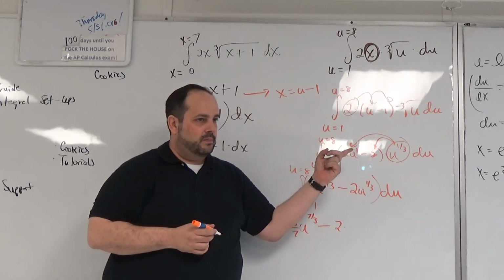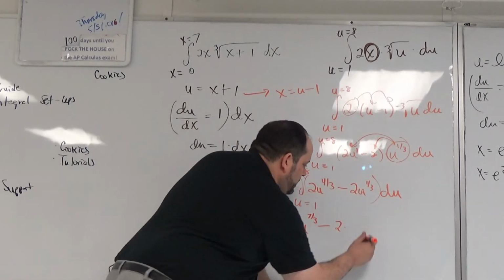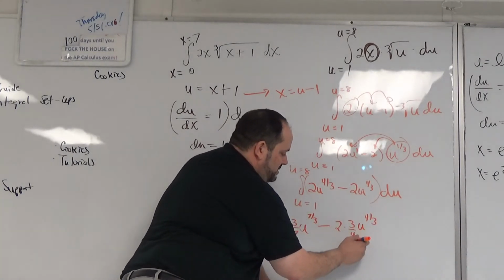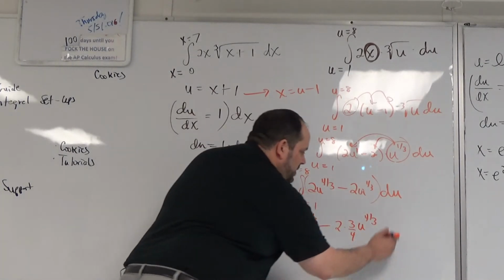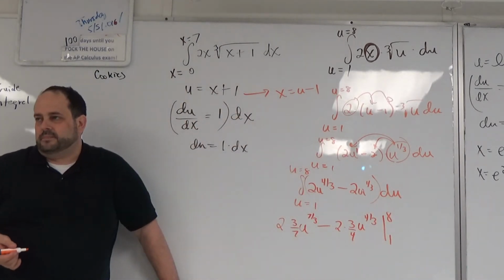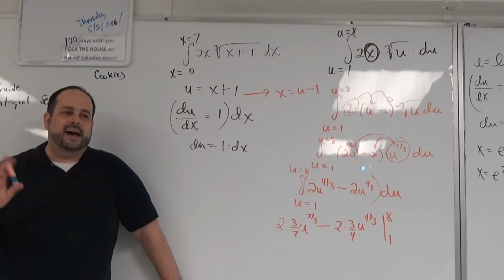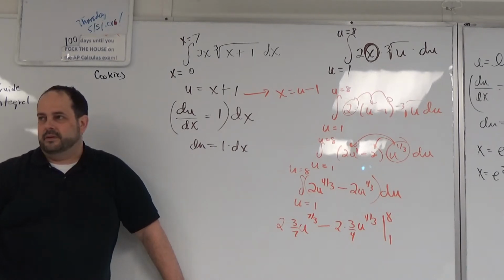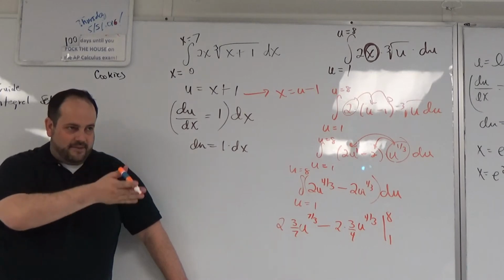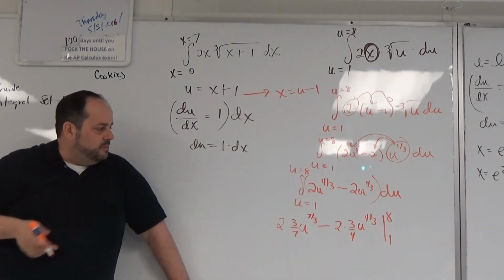Add 1 to that power. Divide by the new power, so you're really multiplying by 3/4. Now, integrate from 1 to 8. We are not going to do all the simplification. I'm so not interested in the simplification. I just want to get to that final, let's assume it's free response.